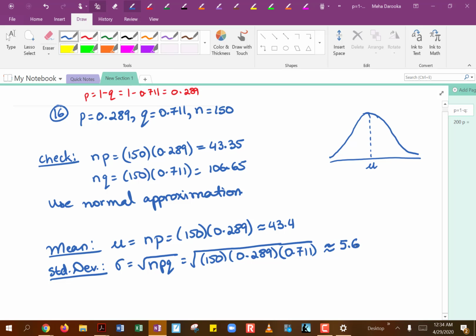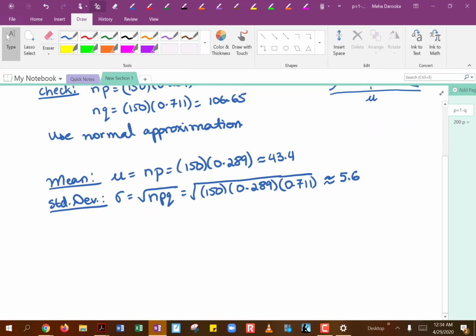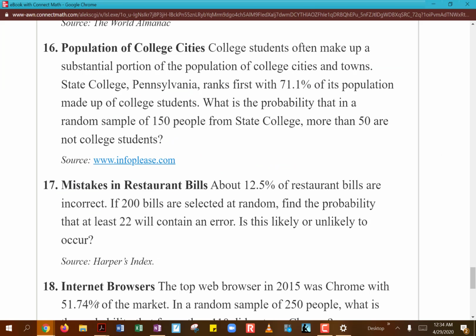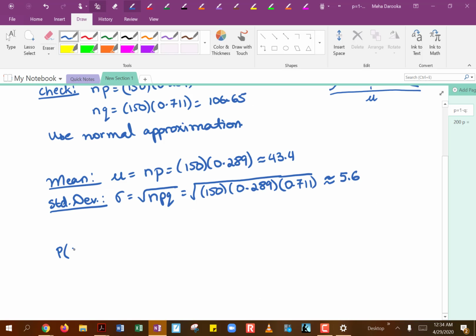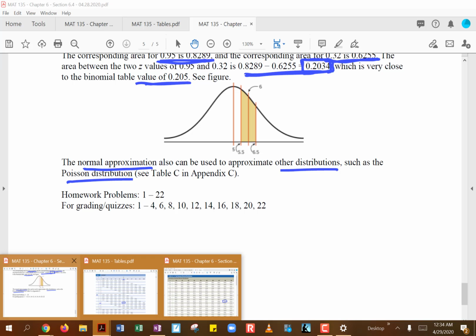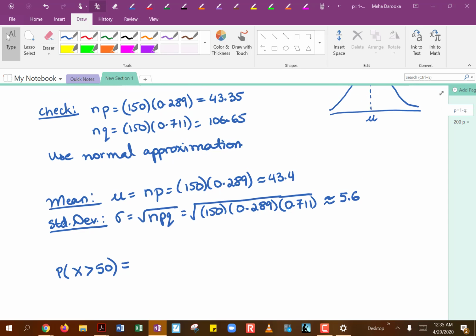Now let's do our probability notation, and the question was asking what is the probability that out of the random sample of 150 people, more than 50 are not college students. So we are saying more than 50 are not college students. Remember, you have to use the continuity correction factor over here. So let's go back to the table.